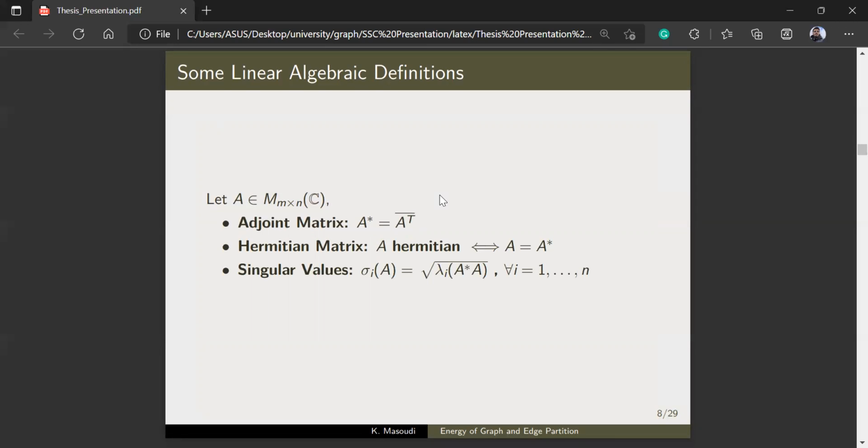And then we want to define singular values. The singular values of A are the square roots of the eigenvalues of A star A. And we know that A star A is a matrix with all of its eigenvalues being non-negative, and it makes us able to take a square root of each eigenvalue.